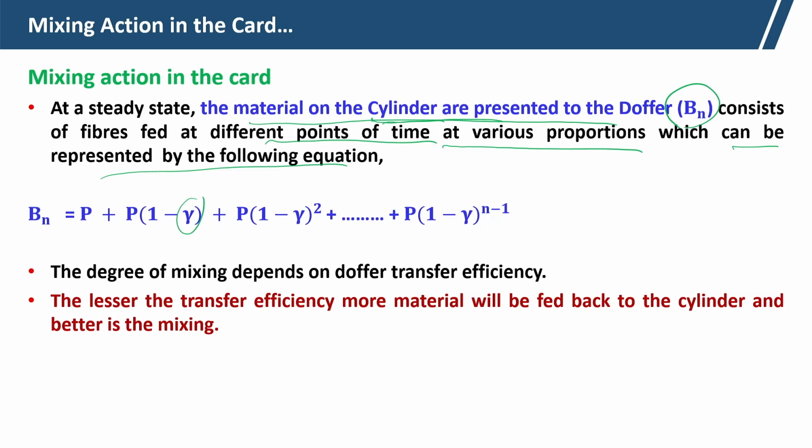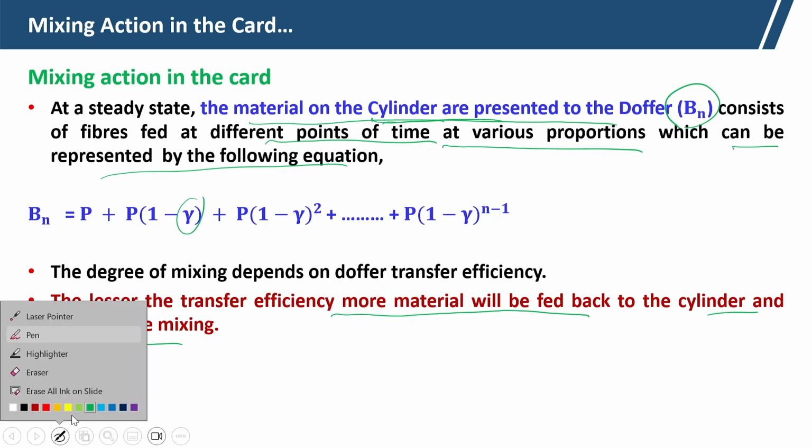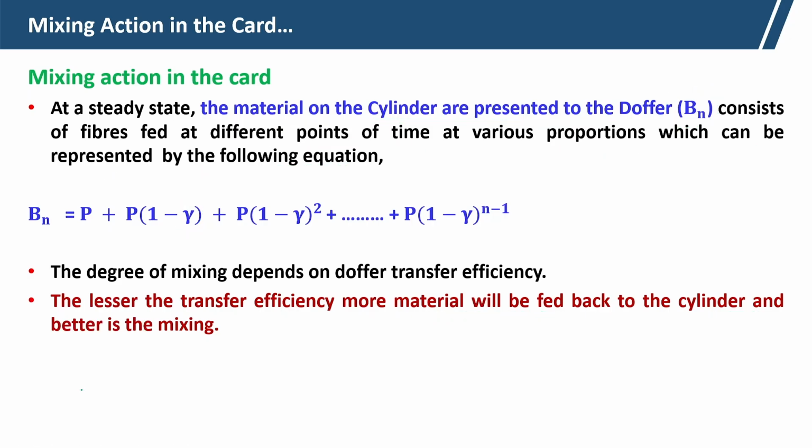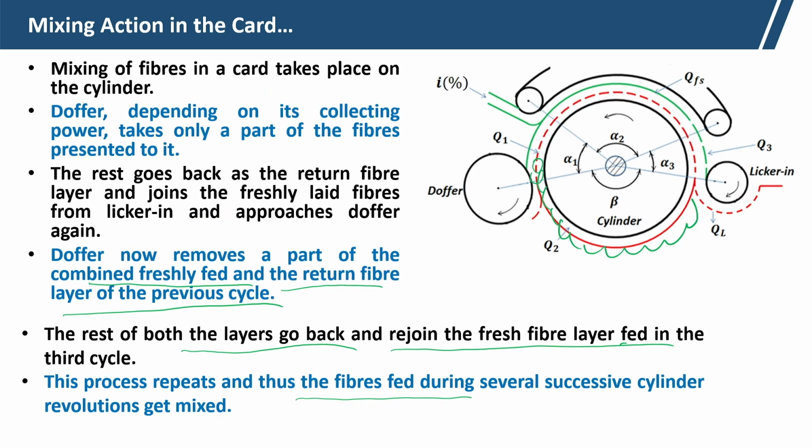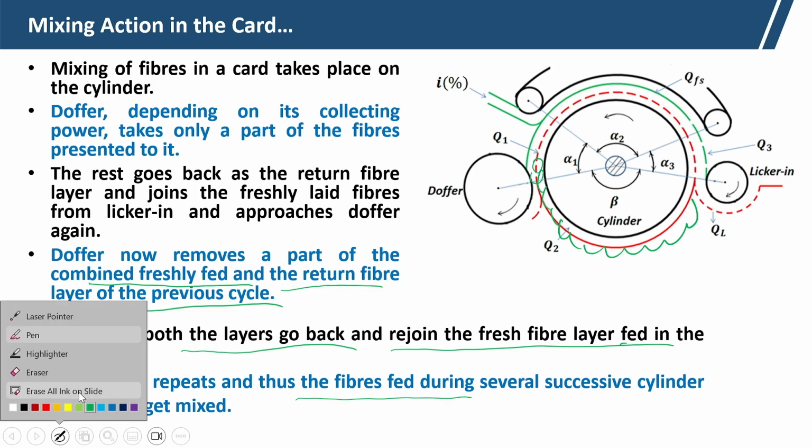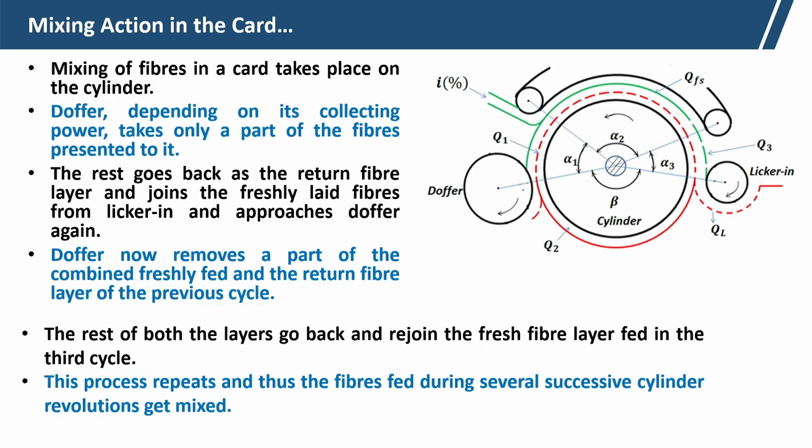The lesser the transfer efficiency, the more material will be given back to the cylinder and the better is the mixing. Now, let us consider one situation where the doffer's transfer efficiency is, say, 100%. What would happen?